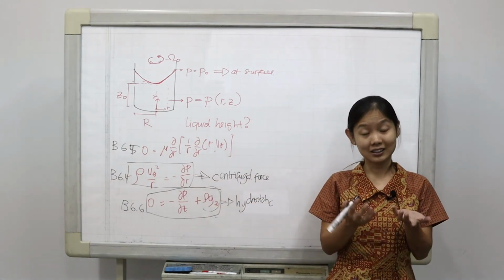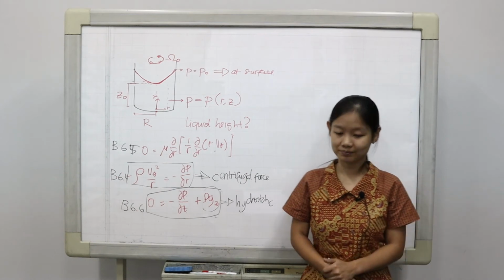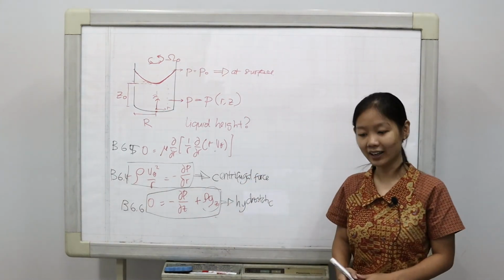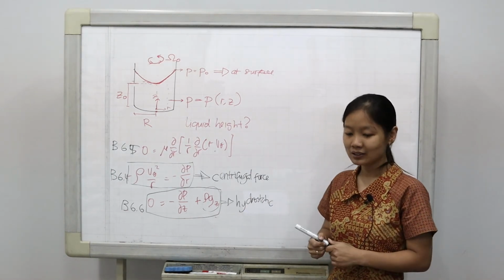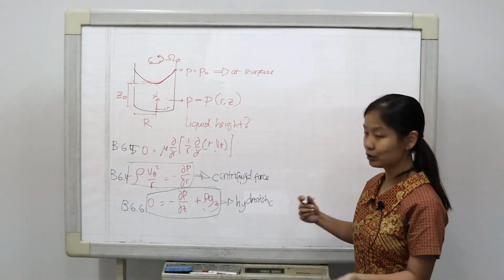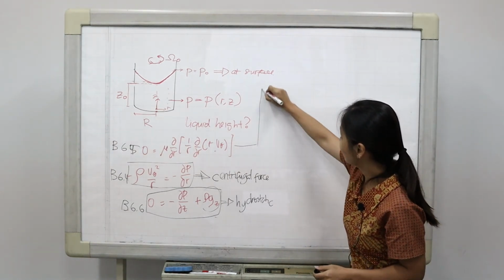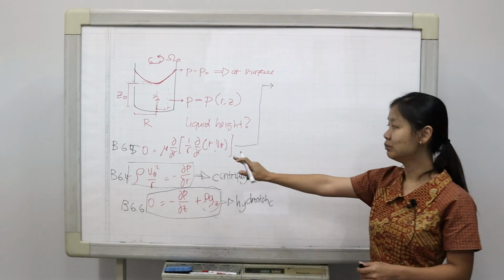But in the theta direction, the pressure is constant. I hope it's clear until now. Now, if we may continue, let's try to solve this equation first, B65.